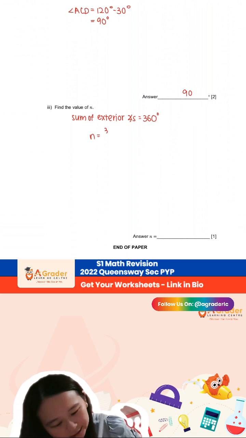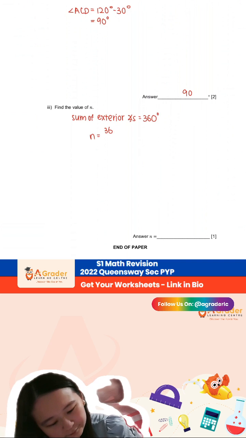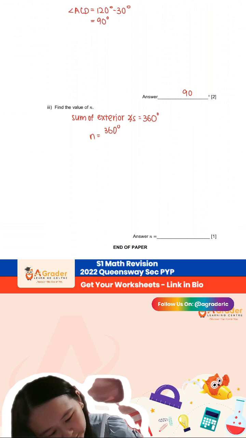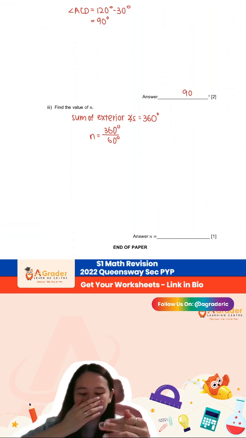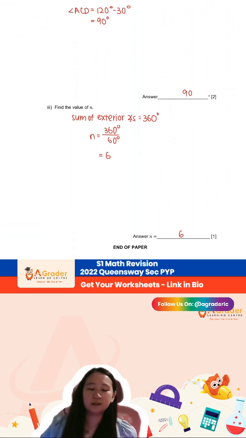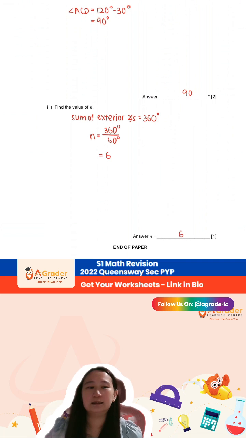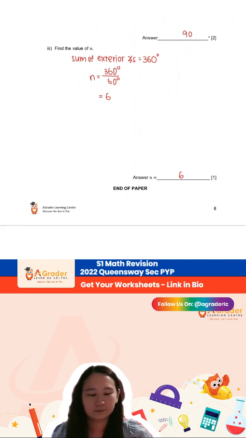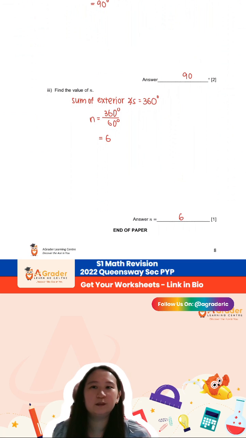We take 360 degrees divide by 60 degrees because each exterior angle is 60 degrees. Then we'll have the number of sides. We can use this method because it's a regular polygon. Okay, we're done with this paper.